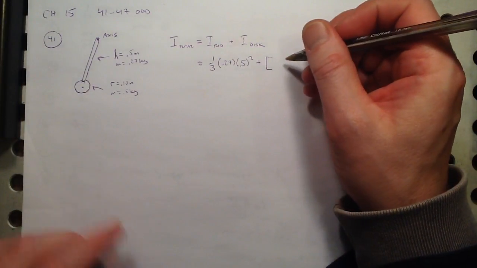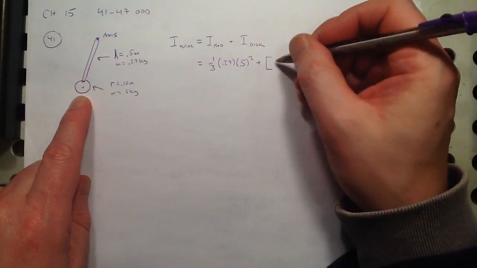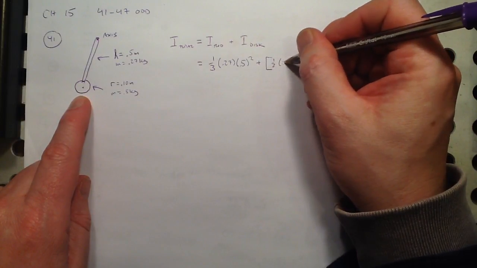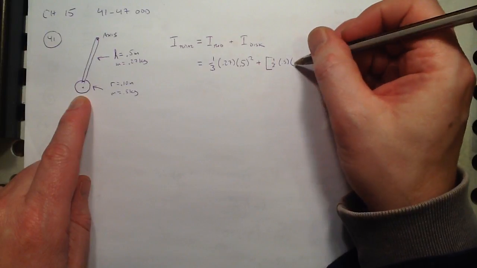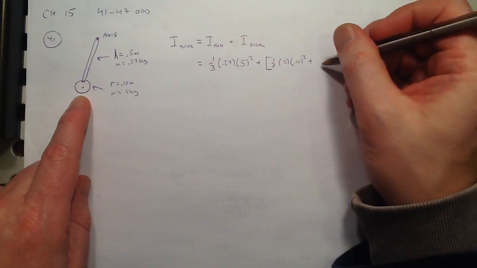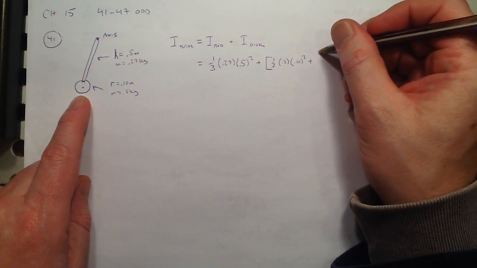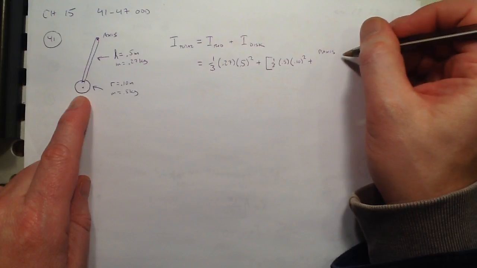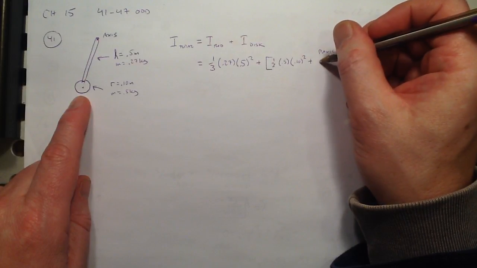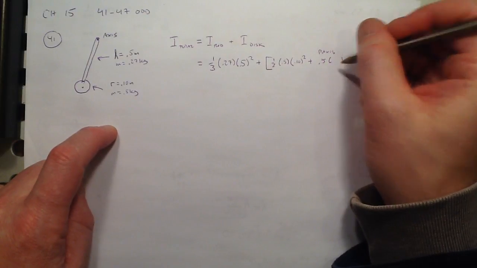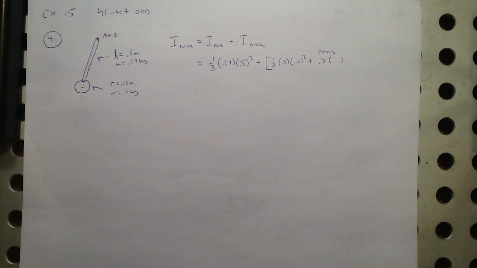You could treat the disk like an actual disk, which would be 1/2 mR squared plus the parallel axis shift, which would be the mass of the disk times the shift. Now, we're always shifting from its center of mass.